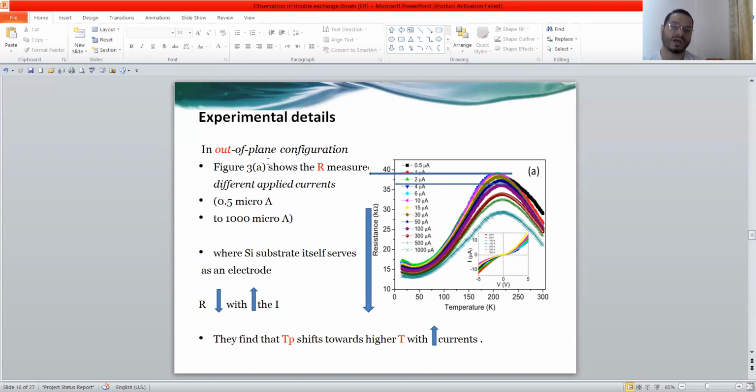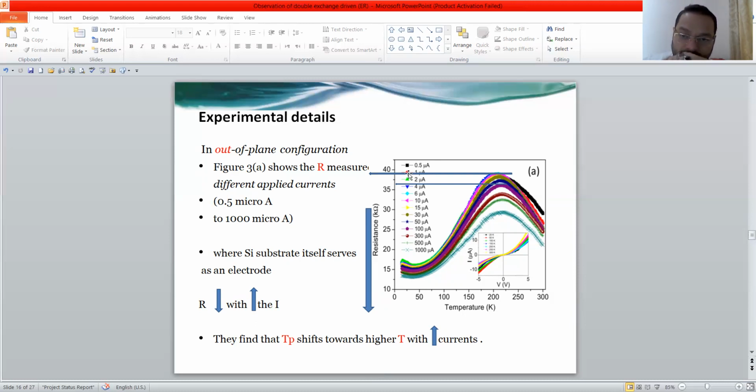In the out of applying configuration, the silicon substrate itself serves as an electrode. The resistance will decrease with increasing current. Let's take a look at how.